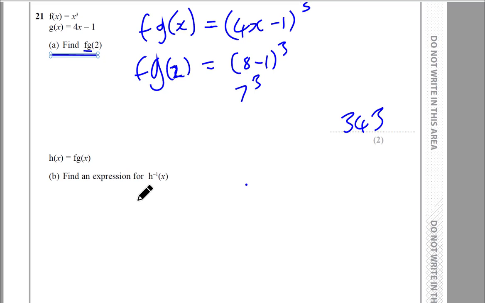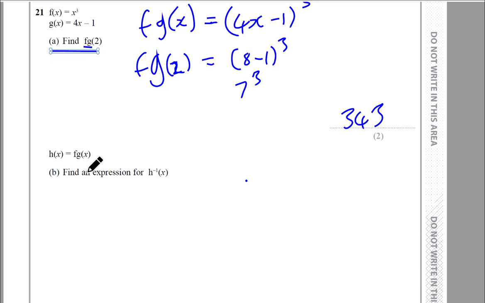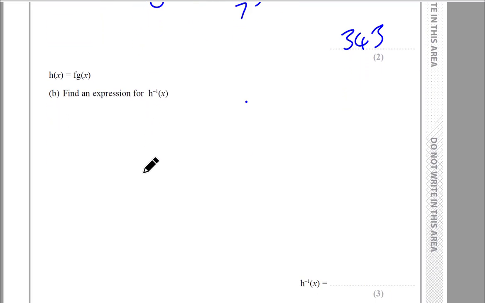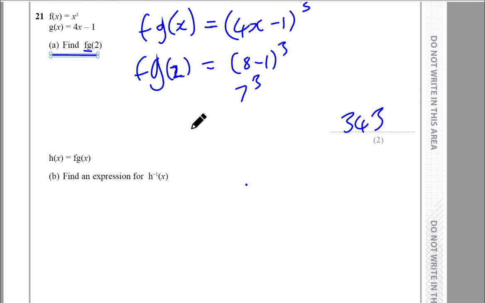Now h of x equals fg of x. Find the inverse. Ooh, okay, so let's just work out what fg of x is first. We've done that, right? We've done 4x minus 1 cubed. Let's rub out that dot. Equals hx.